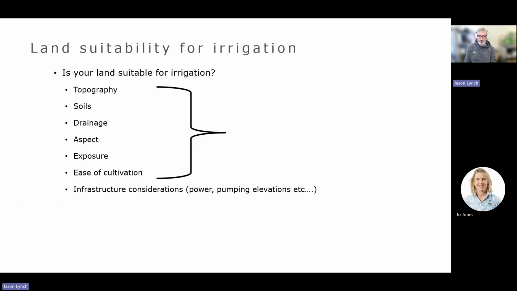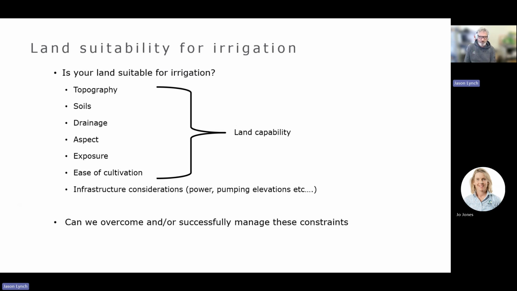So topography, soils, drainage, aspect, exposure, and ease of cultivation, they can be defined as land capability, which we'll move on to shortly. And then I guess finally, how successfully can we manage these potential constraints? Can we modify the land through application of fertiliser, drainage, whatever the case may be?